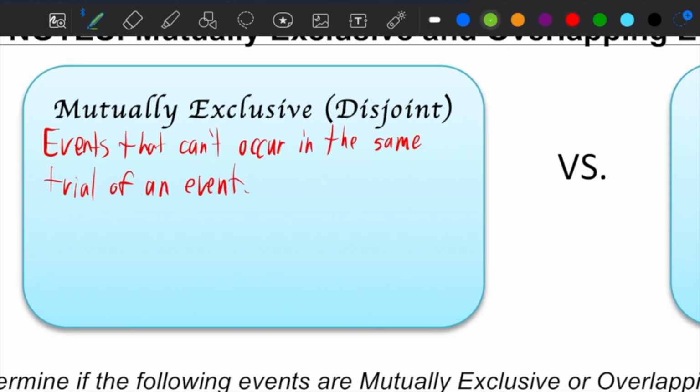So it might be said that the probability of A or B, let's say event A happening or event B happening, is just equal to the probability of those events individually.